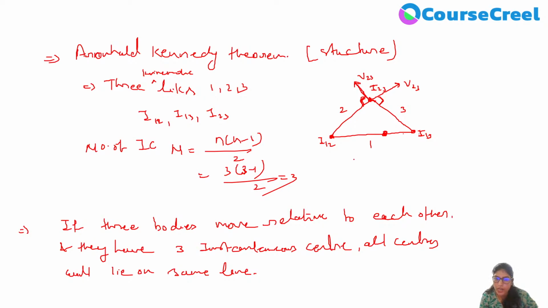Okay, so Arnold Kennedy ने क्या कहा है, if three bodies move relative to each other, they have three instantaneous centers at the same link or at the same line. Okay, so अगर हम यहाँ पर consider कर रहे हैं, in that case ये जो velocity है वो इस पर्टिकुलर लिंक की परपेंडिकुलर टू दिस, और this particular velocity will not be this particular velocity, V23 should be perpendicular to this. Okay, but practically it is not possible. In that case we usually consider all the instantaneous centers at the same point. So hopefully ये चीज जो है वो आपको समझ में आई होगी.